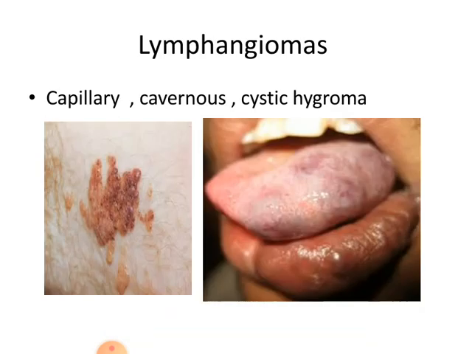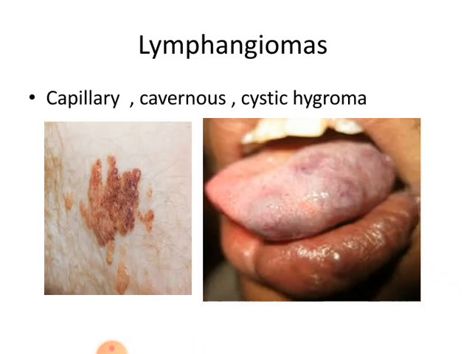Lymphangiomas. We have capillary lymphangioma, like capillary hemangiomas, cavernous lymphangioma, and lastly the cystic hygroma. The capillary lymphangioma is in the skin: dilated lymphatic capillaries.